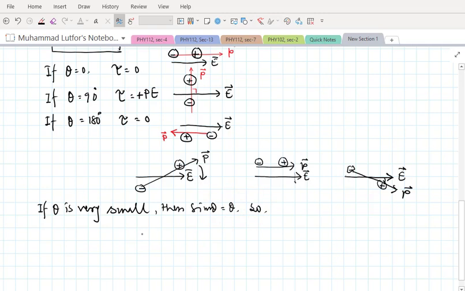So in that case, you can write down the torque. Tau would be basically minus P E theta, right?